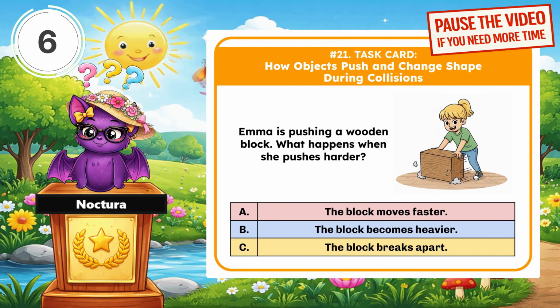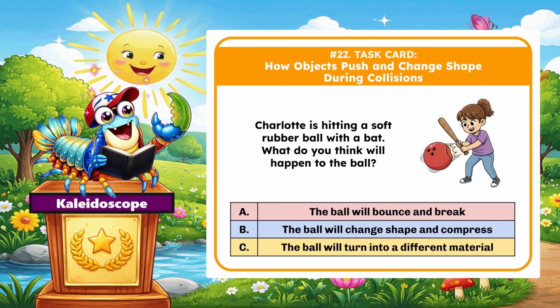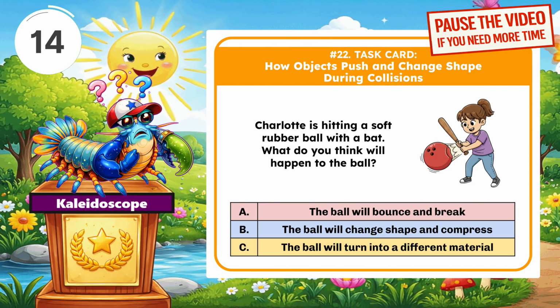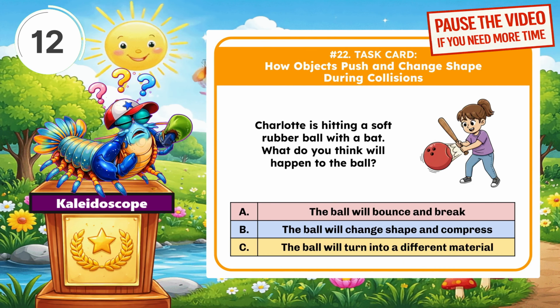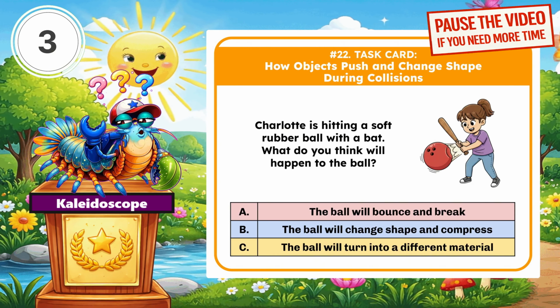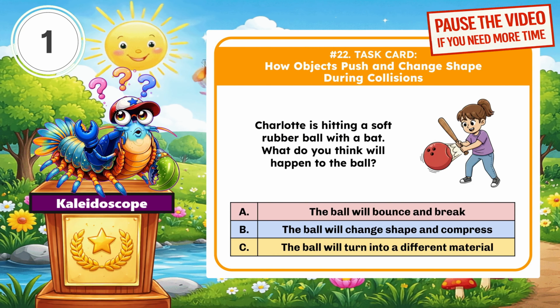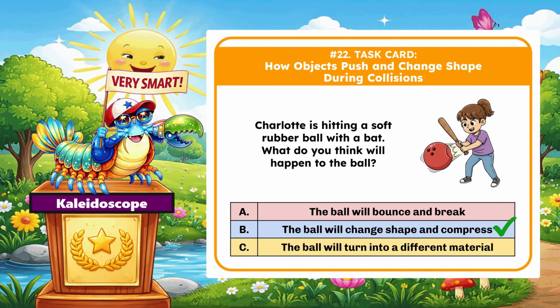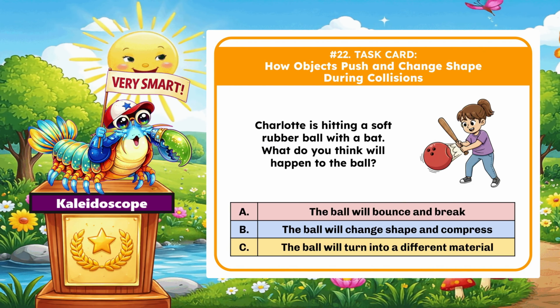Charlotte is hitting a soft rubber ball with a bat. What do you think will happen to the ball? And the correct answer is letter B. The ball will change shape and compress.